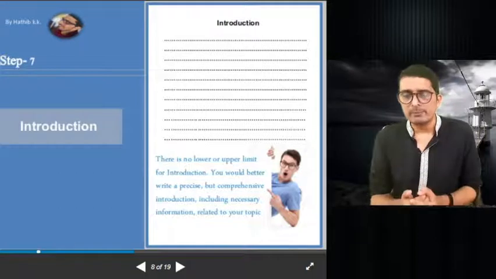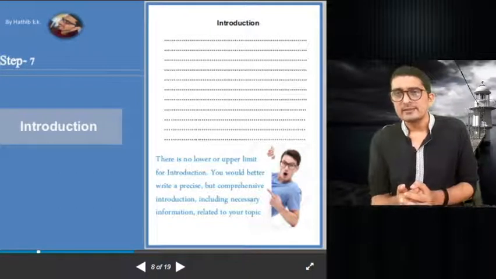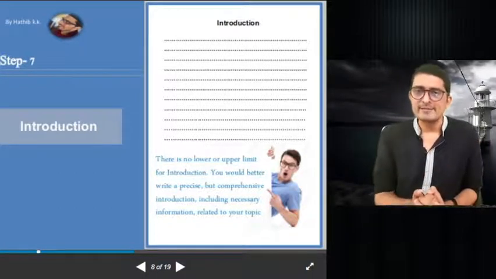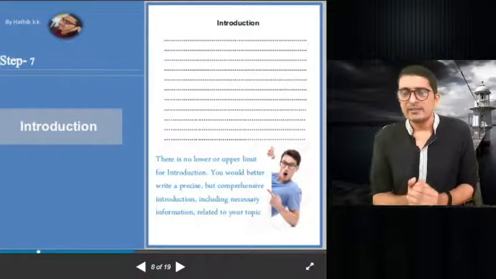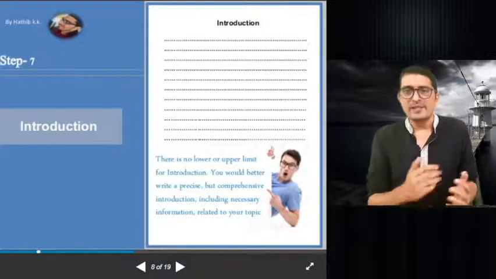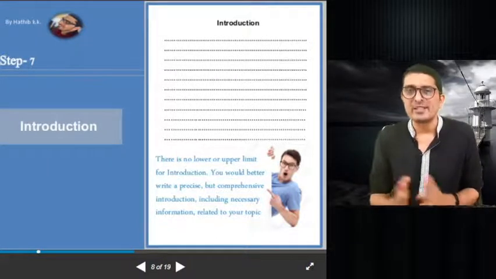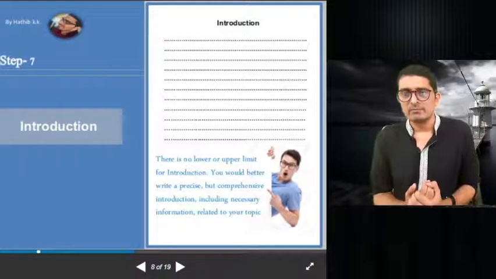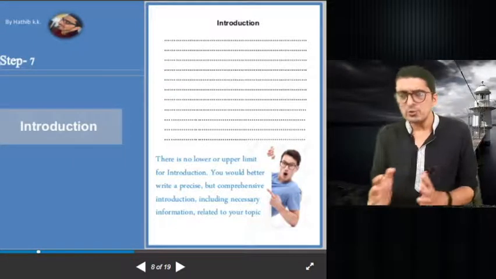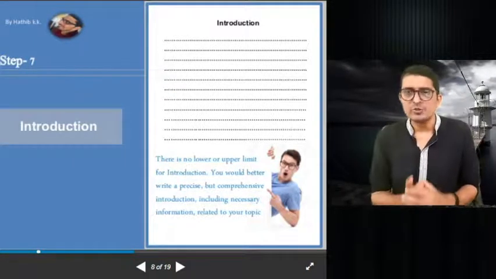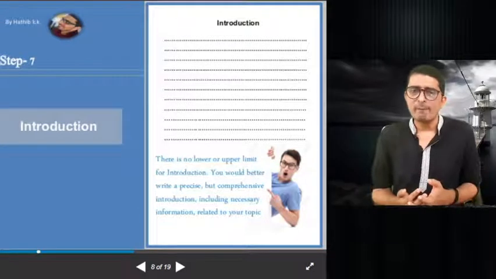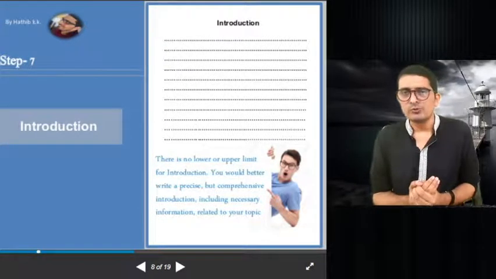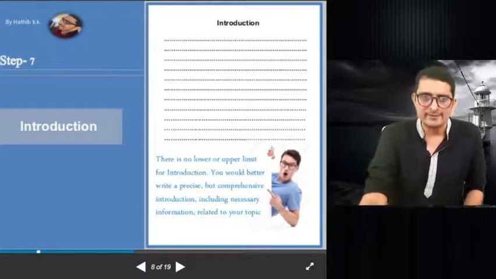Then you should tell about the faults of existing language teaching strategies. Then you should tell about globalization. What is globalization and what are different features of globalization? Then you should tell about language across curriculum. So this should be the nature of introduction. You should give a comprehensive idea of the topic you have selected.